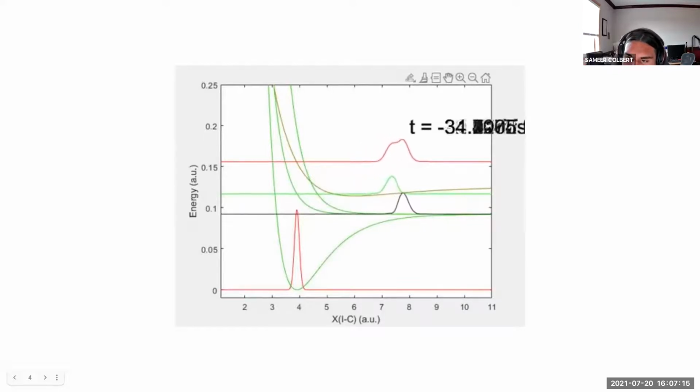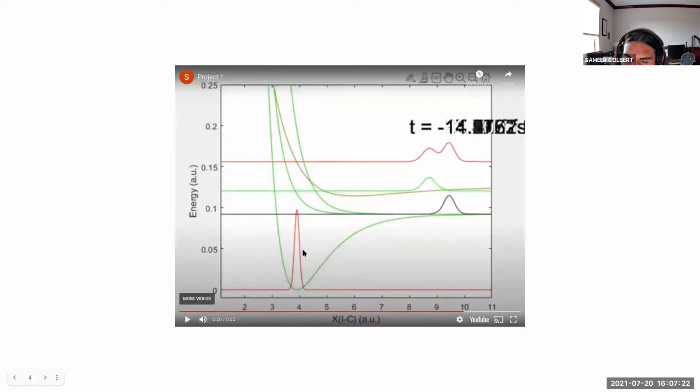And so this shows the probability that it's at a certain length of the bond, which is related to where the orbitals are. Why are they going from left to right? As more energy is put into the system, the bonds will grow bigger. So as time counts down, the energy increases.